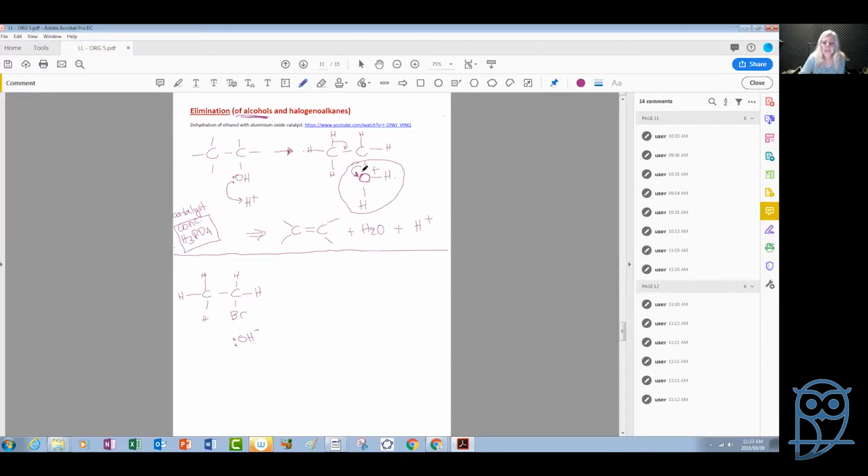alcohol. And on top of it, since this pair of electrons moved to oxygen, obviously another pair of electrons would move to this bond between the carbon-carbon atoms, and this hydrogen proton would be eliminated as a proton. And here we can see the whole of the products.